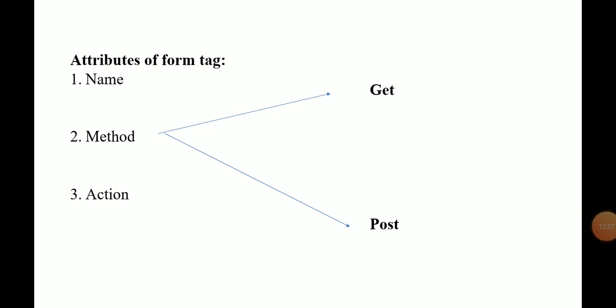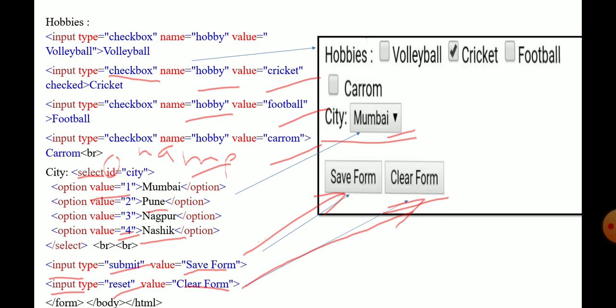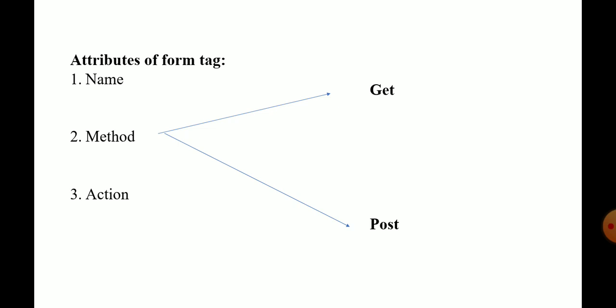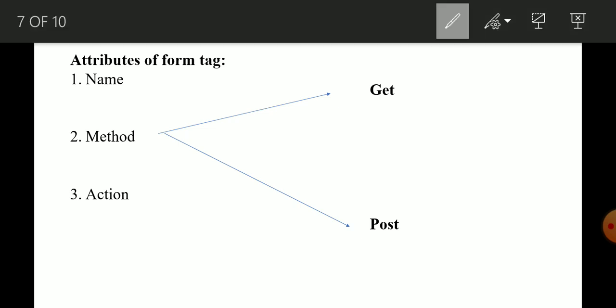Now here we will see some more attributes of the form tag. Form tag contains three attributes: name, method, action. Name we already discussed. Then second is method, which specifies two values, get and post. Actually, it specifies how the data is submitted. In the get method, data is visible in the address bar, or you can say URL.